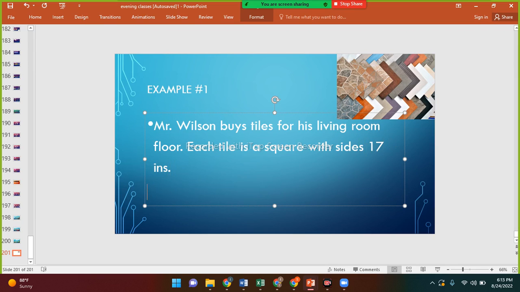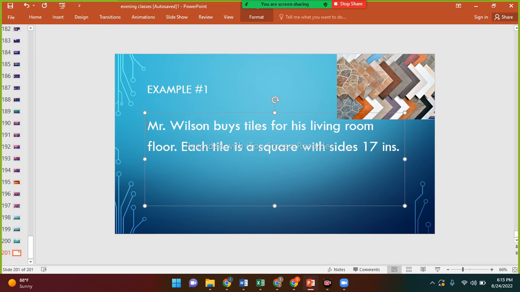So by the way, this is question number 1. The first question says, part A, they want us to calculate the area of one tile. Okay, that's our job here.